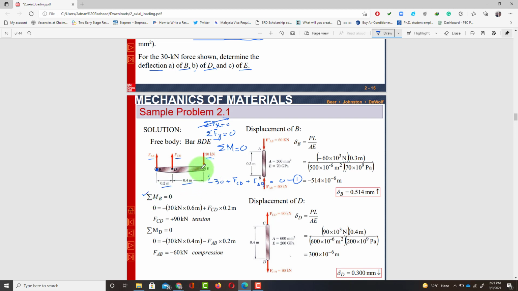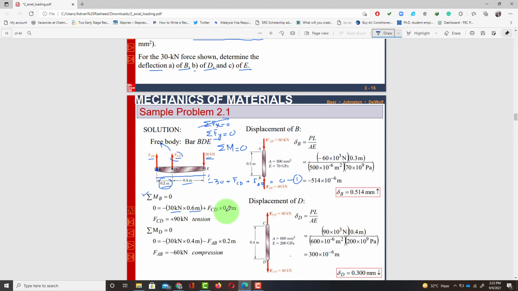In the clockwise direction, this moment will be 30 times this whole distance, which is 0.6, and since it is clockwise, it is negative, so minus 30 kilonewton times 0.6. Now the second force creating a moment about point B is F_CD. So F_CD times the perpendicular distance, 0.2. It is producing counterclockwise, so that will be positive.